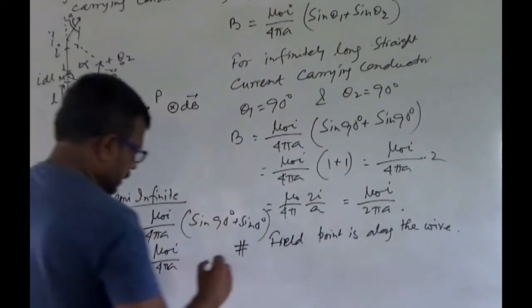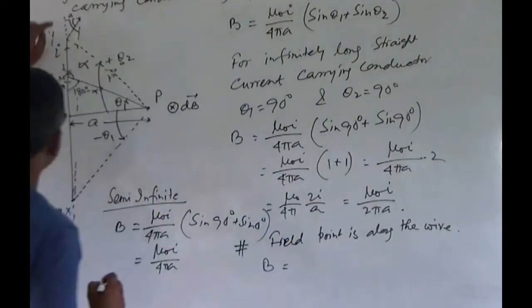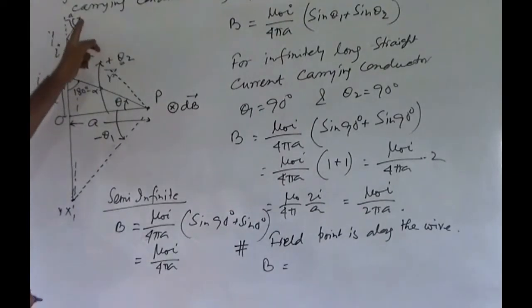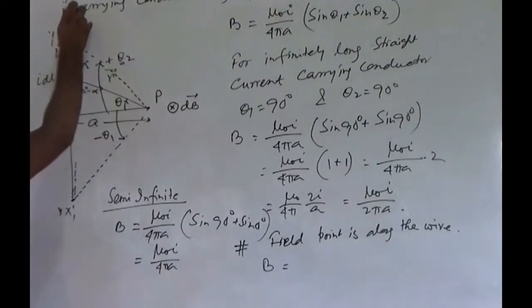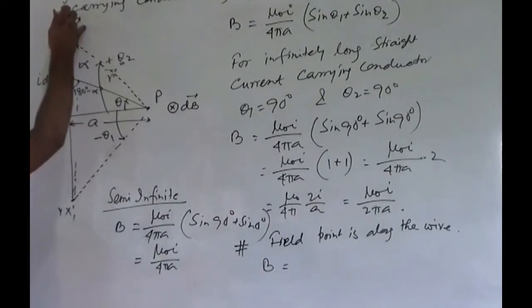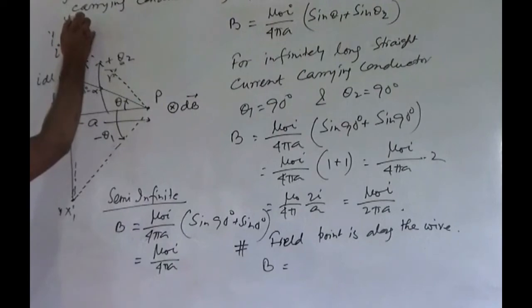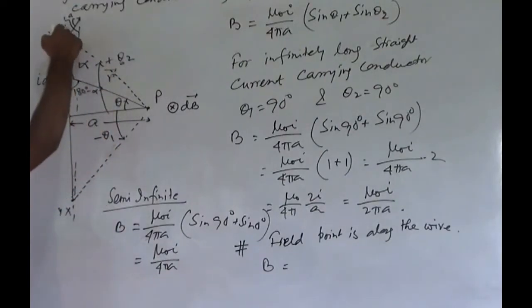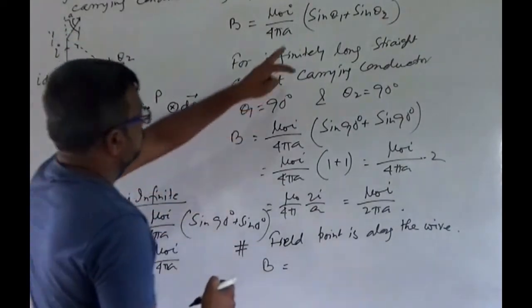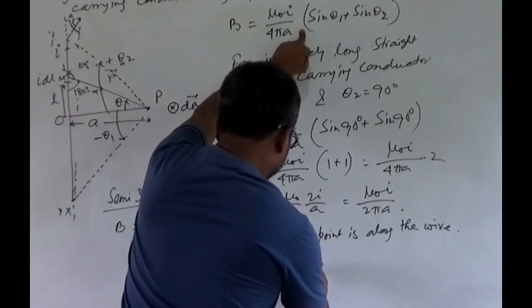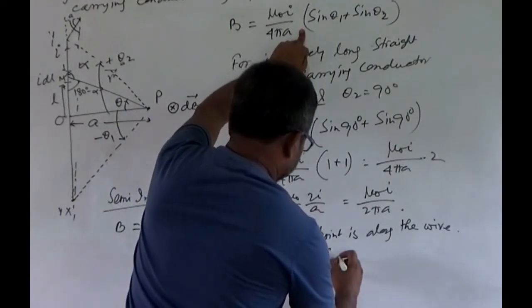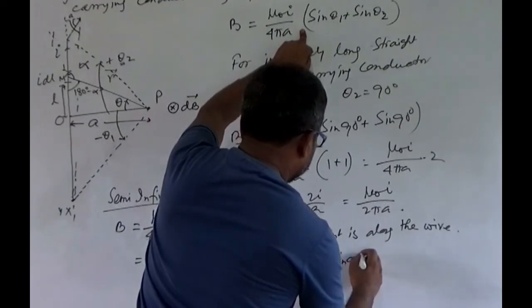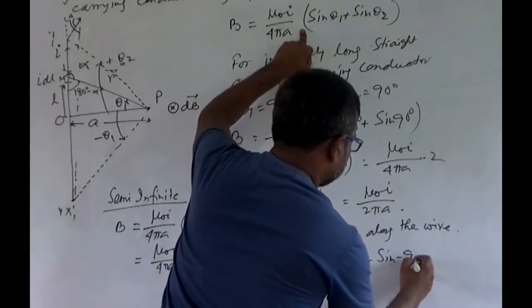That's why the magnetic field at this point, I have taken first here and now going close here. Then this angle is also 90 degrees, this angle also 90 degrees. But theta 1, which is already negative, means it is 90 degrees, but theta 2 is minus 90 degrees. Then I have to put here mu naught I by 4 pi, sin 90 degrees plus sin of minus 90 degrees.